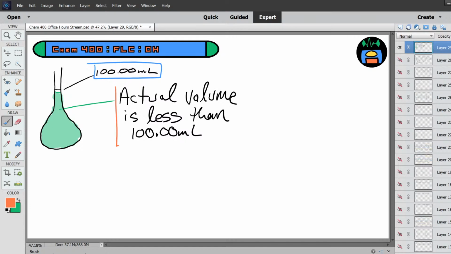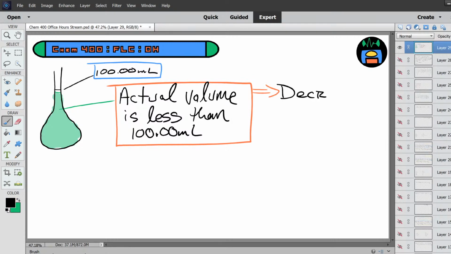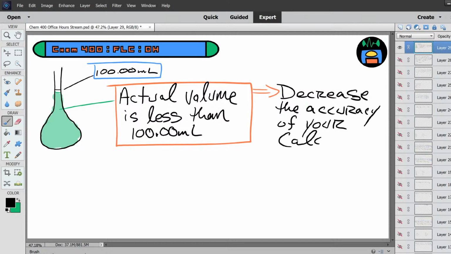So this would decrease the accuracy of your calculation, because your assumption that you've used 100 milliliters of solution is incorrect. You've actually used less.